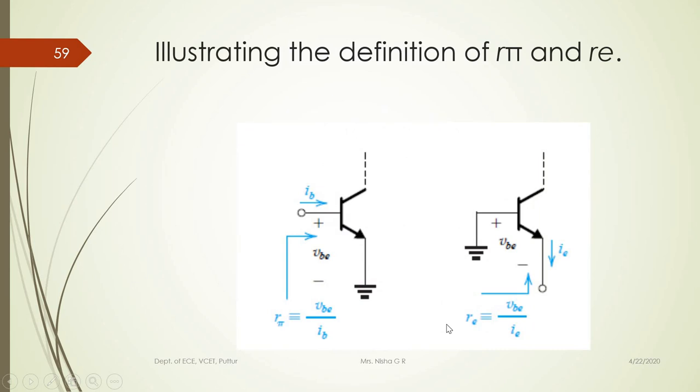So R pi is IE by IB into RE. Next, similarly, I am substituting IE as IC plus IB. Again, I am substituting IC in terms of IB, beta into IB. Taking IB outside, IB will get cancelled, beta plus 1 into RE. So this is the relation between R pi and RE. R pi is equal to beta plus 1 into RE.